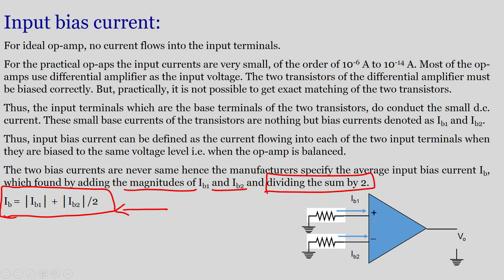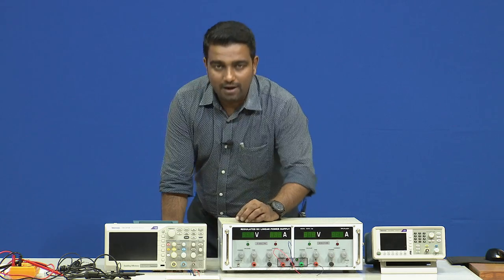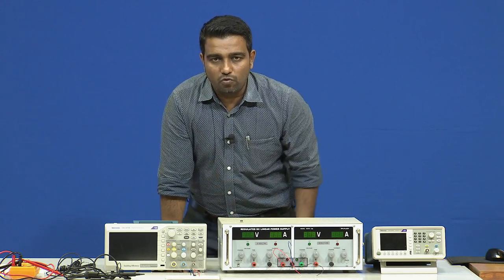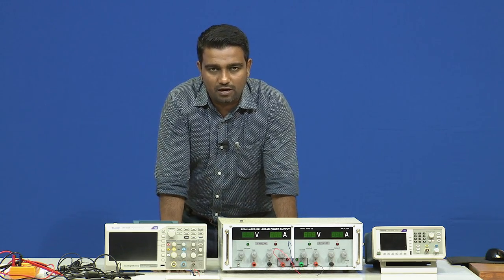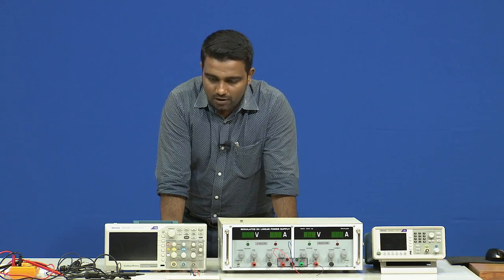We are going to perform the experiment to understand the input bias current for the operational amplifier 741. Let us see how to connect this circuit and how to measure the characteristics.